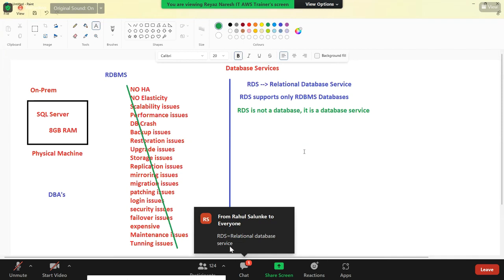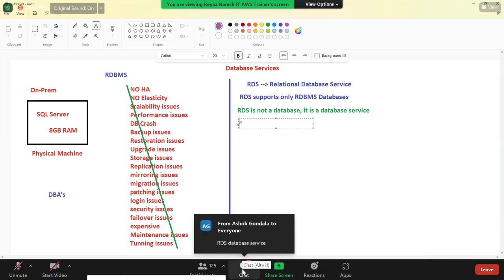In RDS, it provides 6 engines. How many engines? RDS provides 6 database engines.